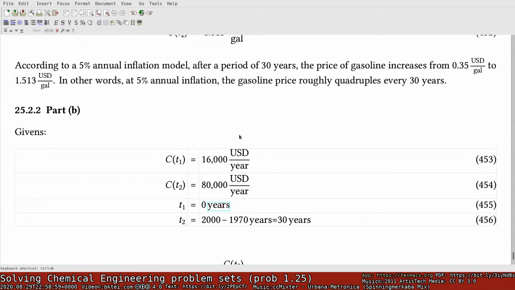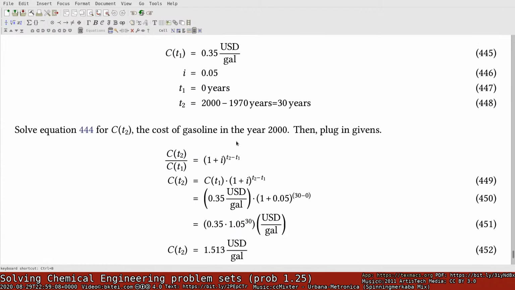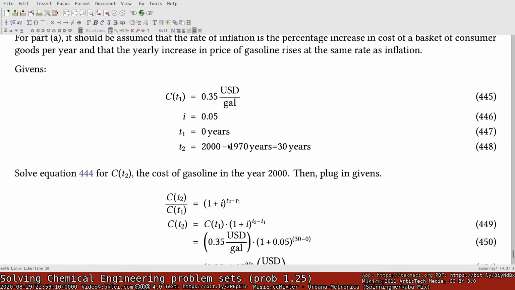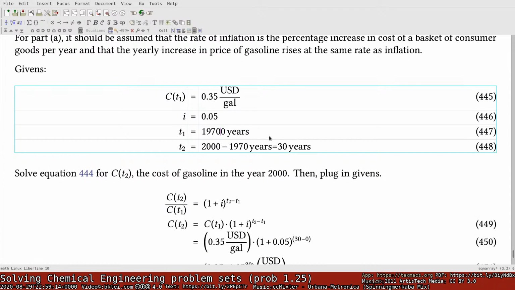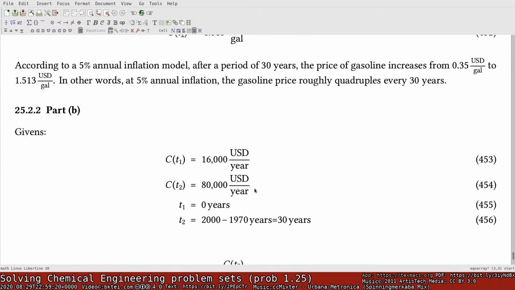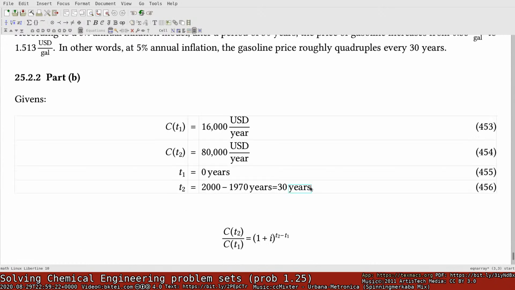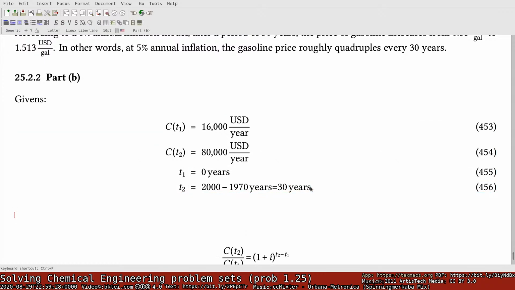T2 equals 2000... Nope, that doesn't make sense. T2, I guess 1970. No, we're good. We're just doing something more explicit. All right, so we're given that.